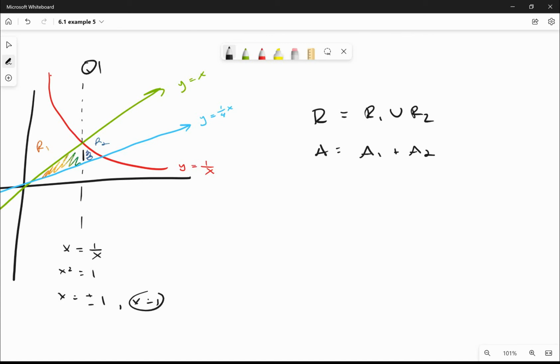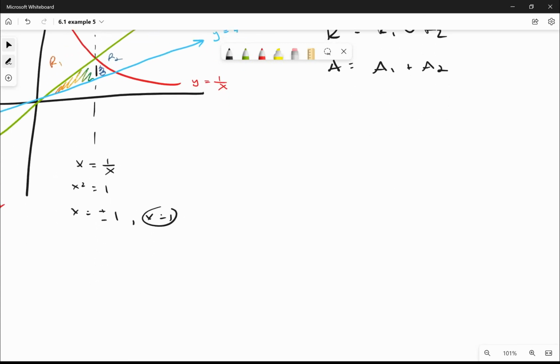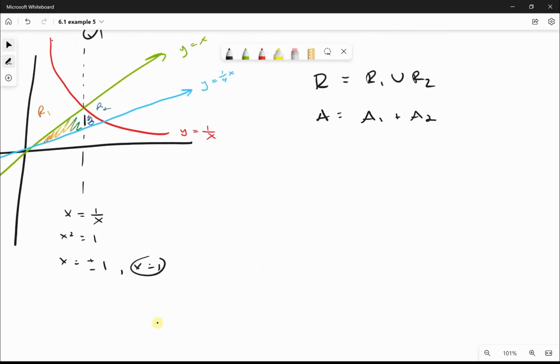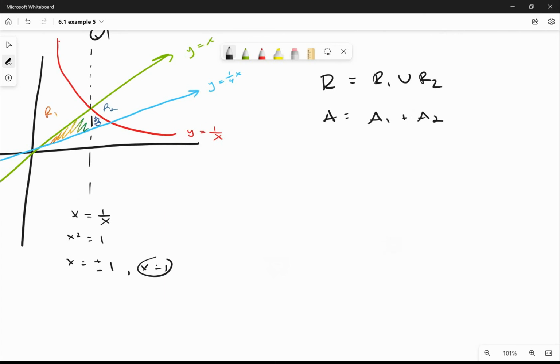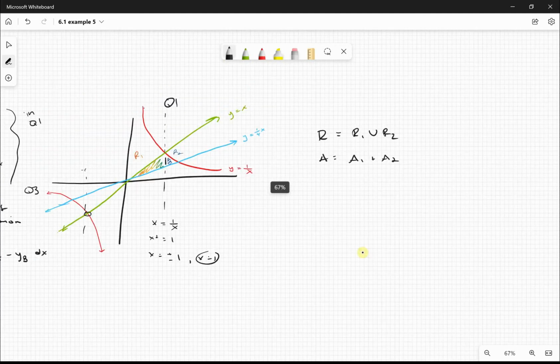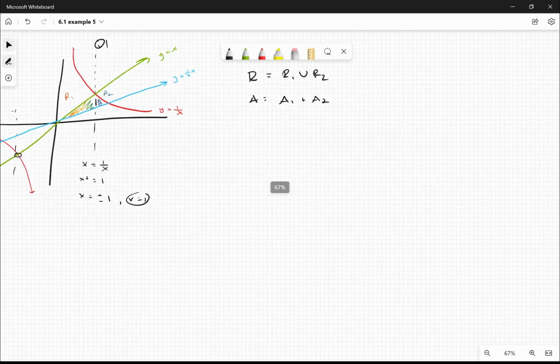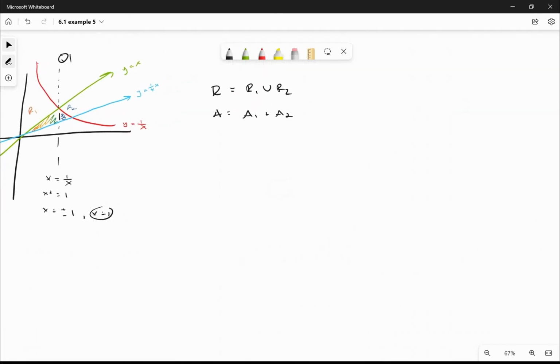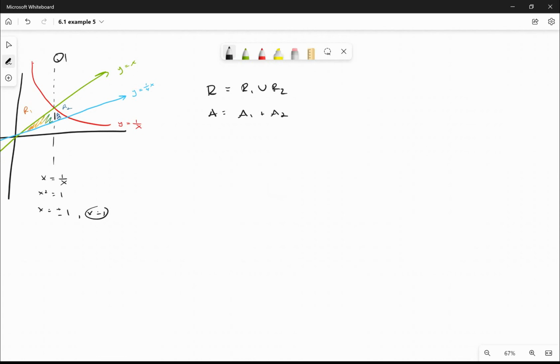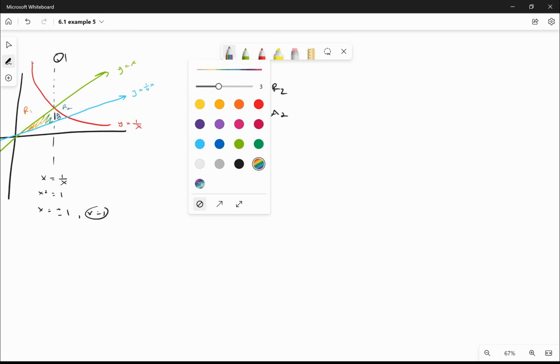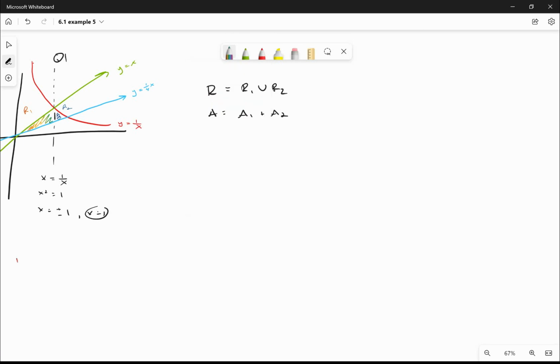Let's go down a little bit. Sorry, we're lagging a little bit. And we'll first find the area of R1.